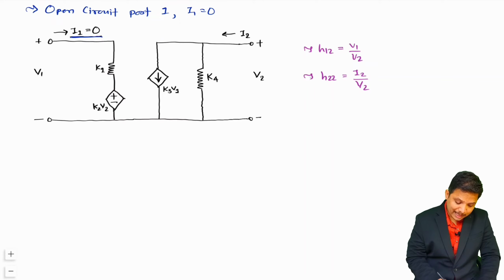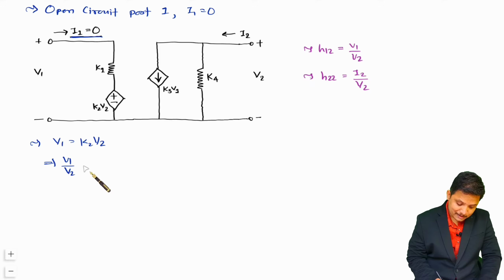So I can say this V1 is equal to this voltage source. So V1 is equal to K2 V2. So V1 by V2 is K2, and that is H12, right. So now I got the H12 value.